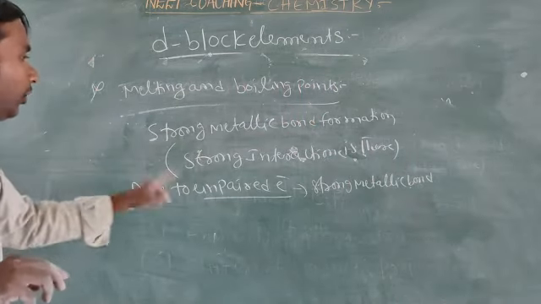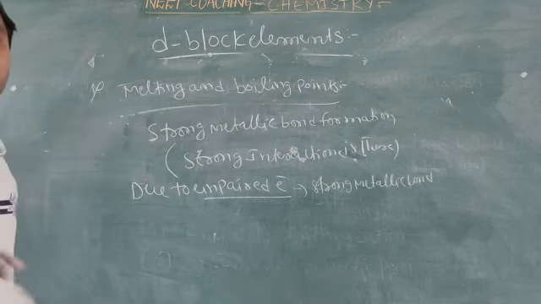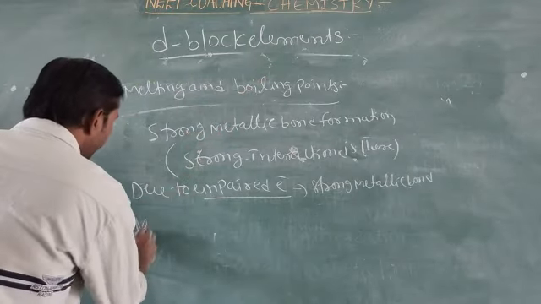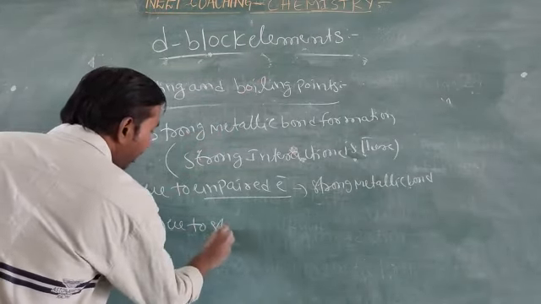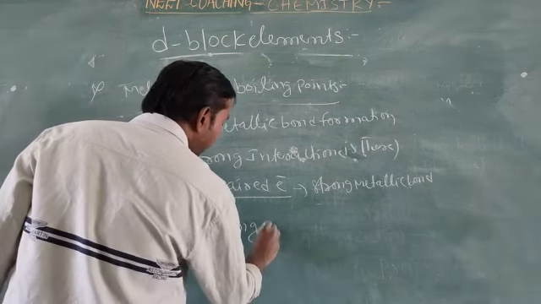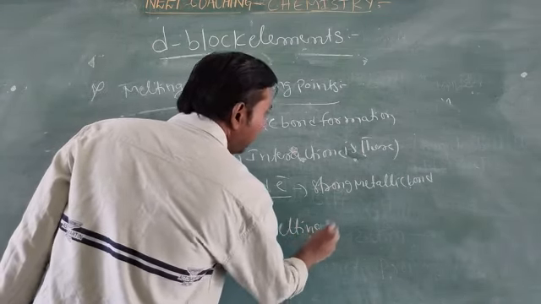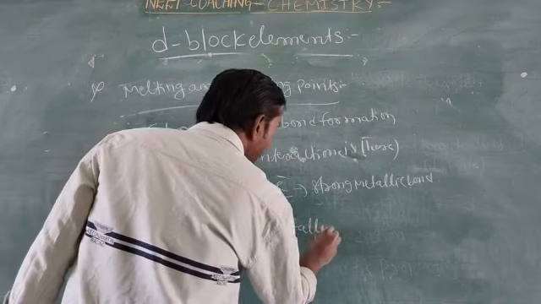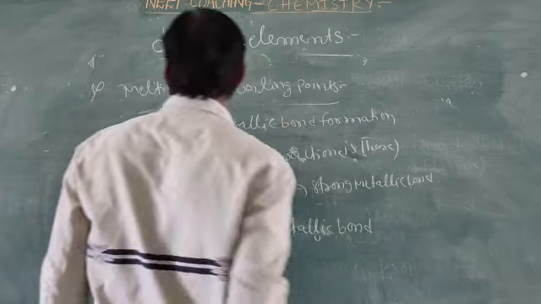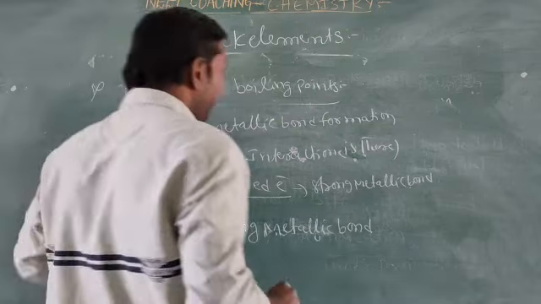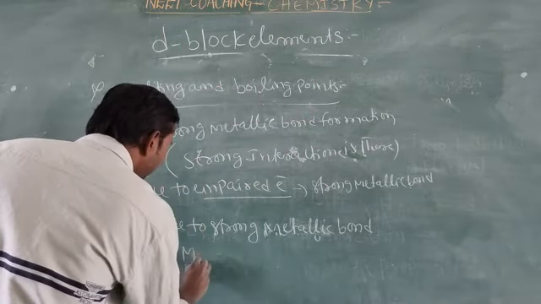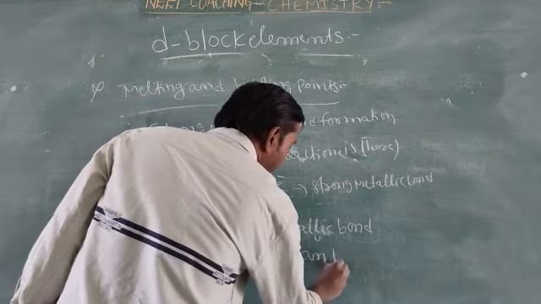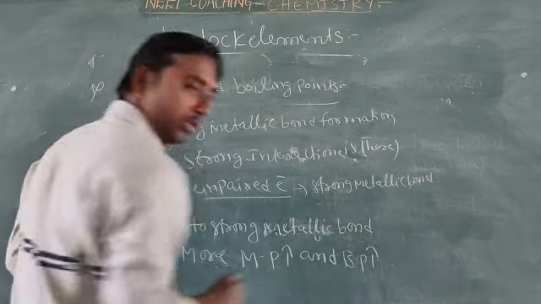Next one: due to the strong metallic bond, d block elements have higher melting and boiling points than s block elements.